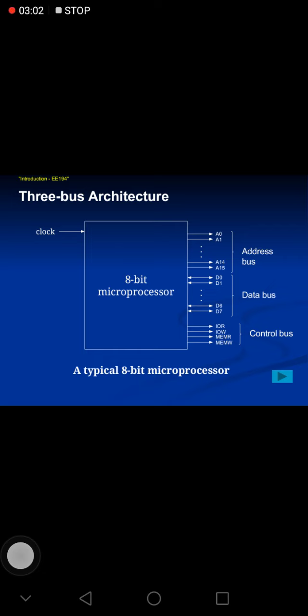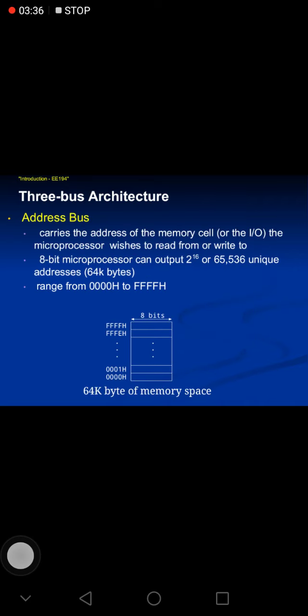Then we have the control bus, which is IOR, IOW, MEMR, MEMW. So this is the typical microprocessor. This is where we store or process the instructions we give, going through the computer to our processor. We also have a clock. The clock serves as the organizer of the instructions and of the output the computer gives us.